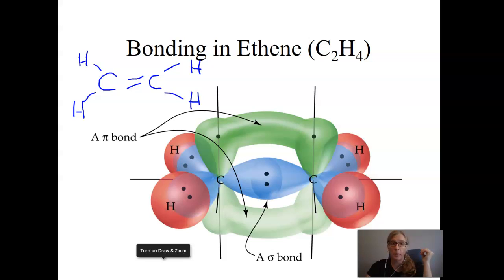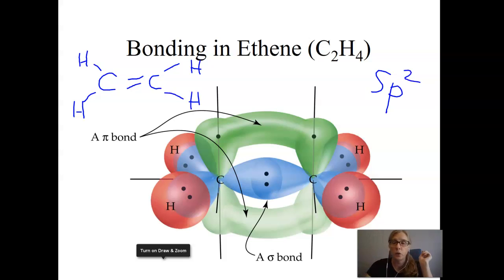If we examine the carbons and think about our bonding domains, each carbon is surrounded by three bonding domains: the single bond to the hydrogen, another single bond to the hydrogen, and then the double bond to the carbon. So those three domains are going to repel one another in space to be as far apart as possible, and that's going to be associated with the trigonal planar electron geometry, which is also associated with the sp2 hybridization.